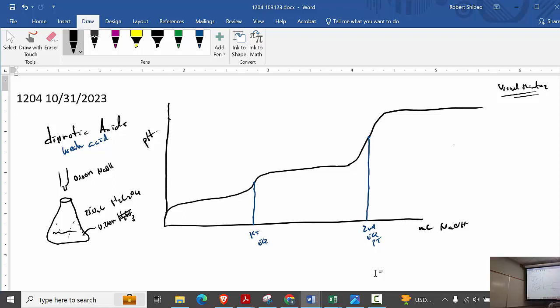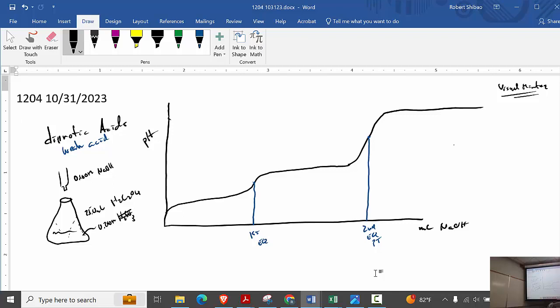And so where's the equivalence point going to come in? My initial thought would be the first equivalence point would be like 12.5, but since it's 0.2 to 0.1, is that going to change it?